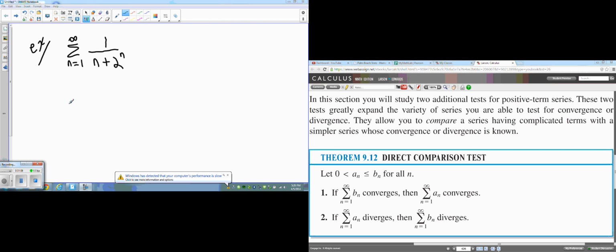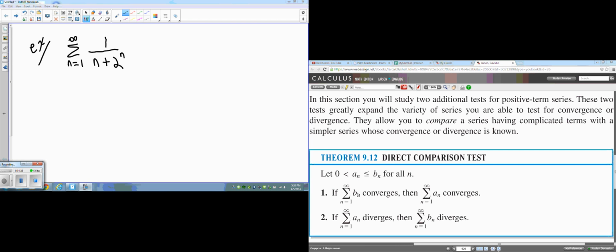And it says, let 0 be less than a_n be less than or equal to b_n for all n. And if the series b_n converges, then the series a_n will also converge. Why is that? Well, the terms of b_n are always above or equal to the terms of a_n.